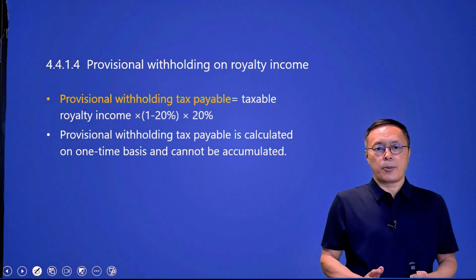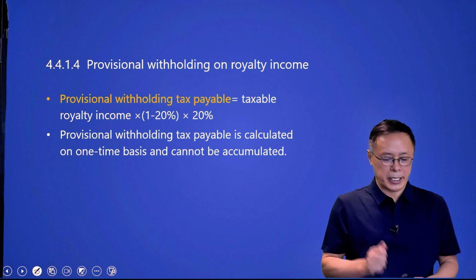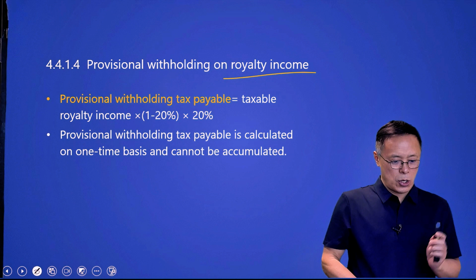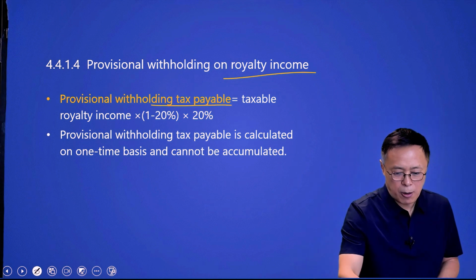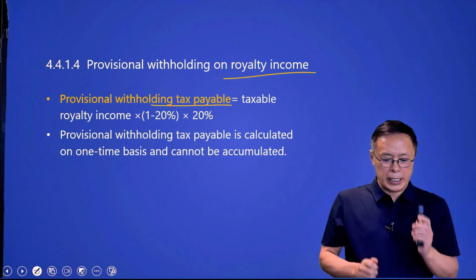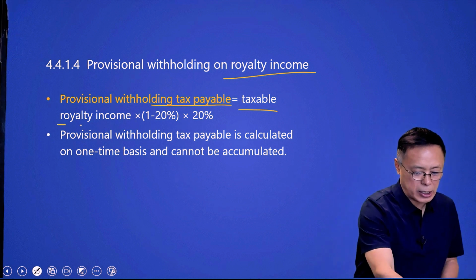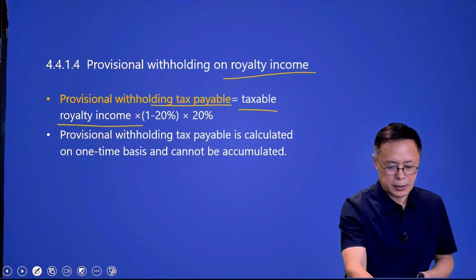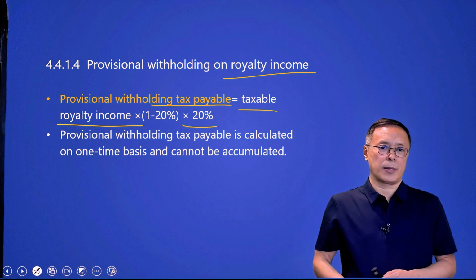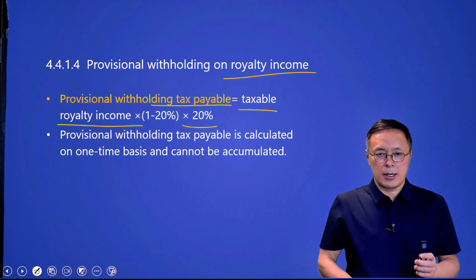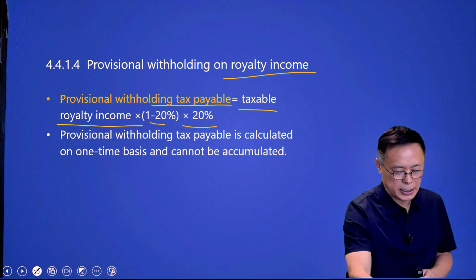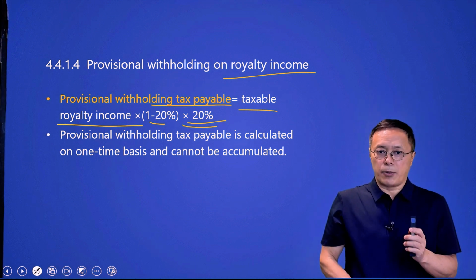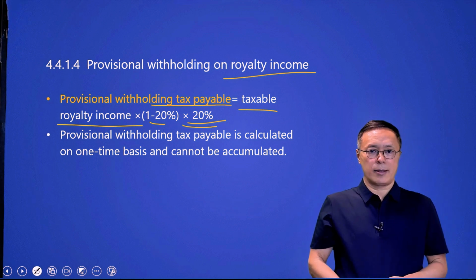Let's come to the provisional withholding on royalty income. Here is the formula. Provisional withholding tax payable on royalty income equals taxable royalty income less 20% deduction, times 20%. In this formula, the first 20% is a deduction, and the second 20% is the applicable tax rate.